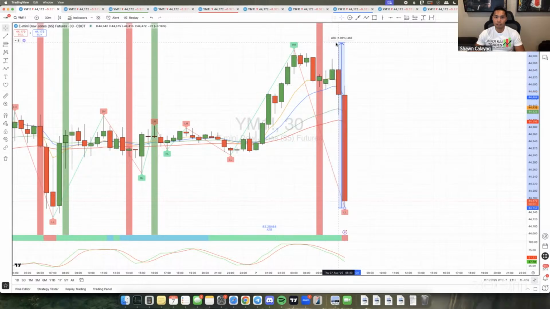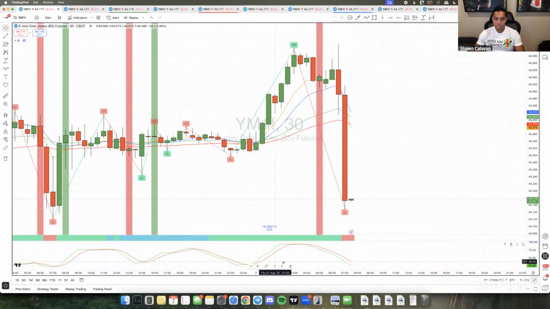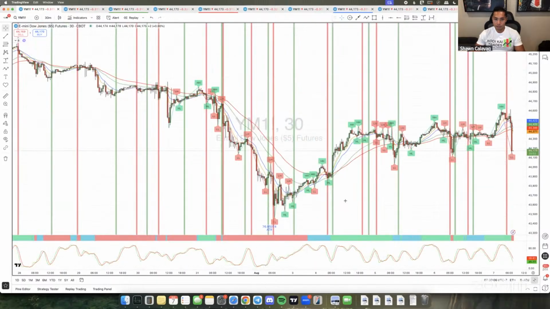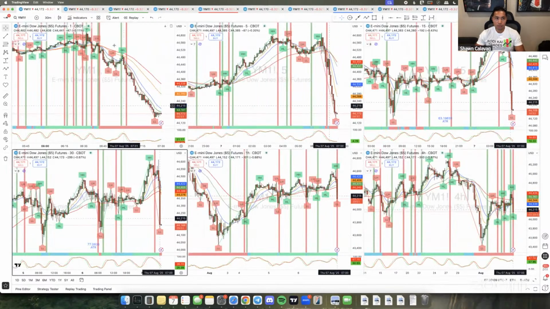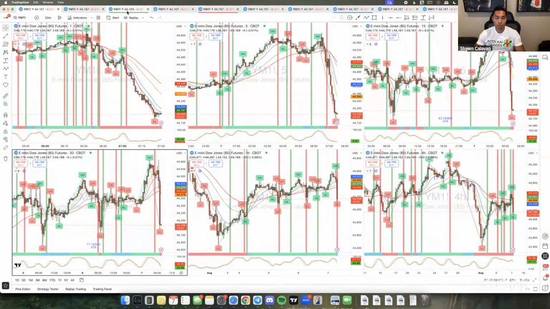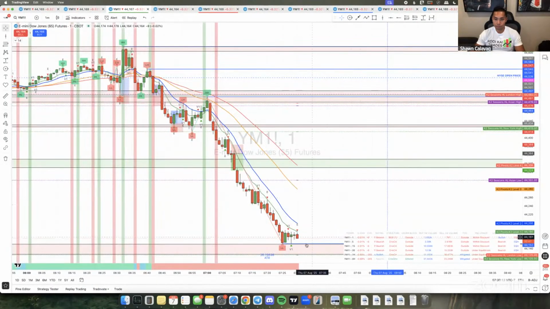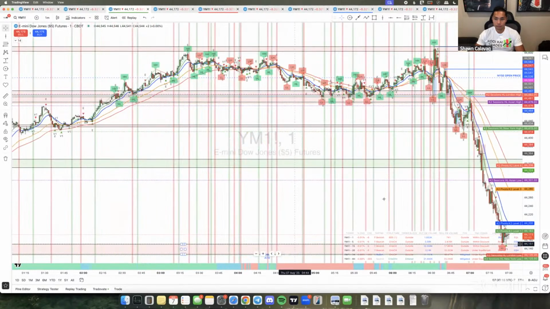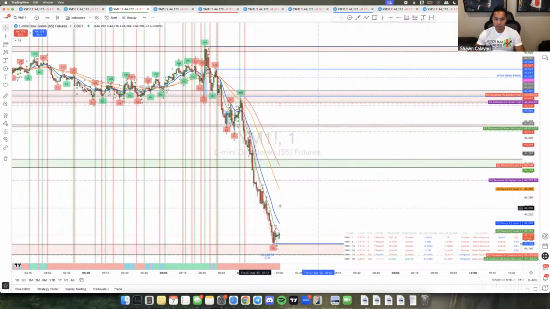If you count the candle prior to it, it's dropped 463 points. It's extreme. That's why I wouldn't chase the sells here, because I think price is overextended. It's ready to swing back up. So we'll see what happens here in a few.